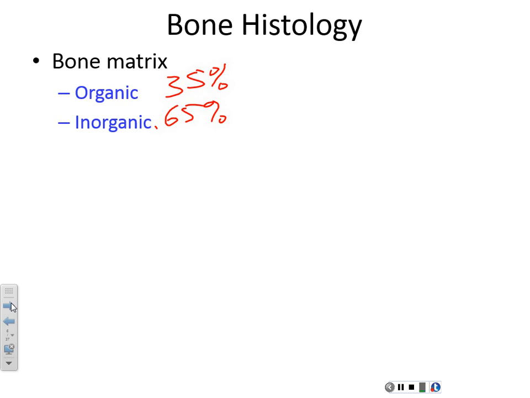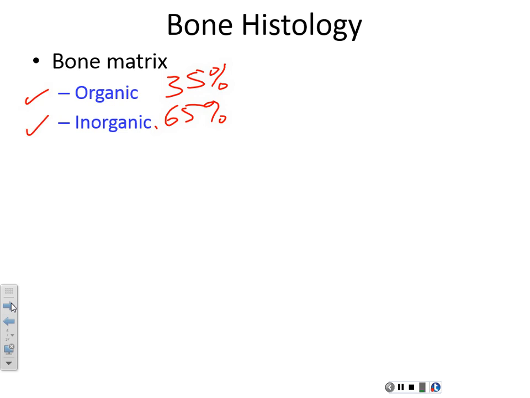And if it's too much inorganic component, it's so brittle, it just cracks. So you need the right mixture of those two. Sometimes I'll ask the two major components of bone, what are their proportions, and what is the significance of those, and then you talk about how if there's too much of one and not the other, then you have problems, right? Then you can mention those problems.